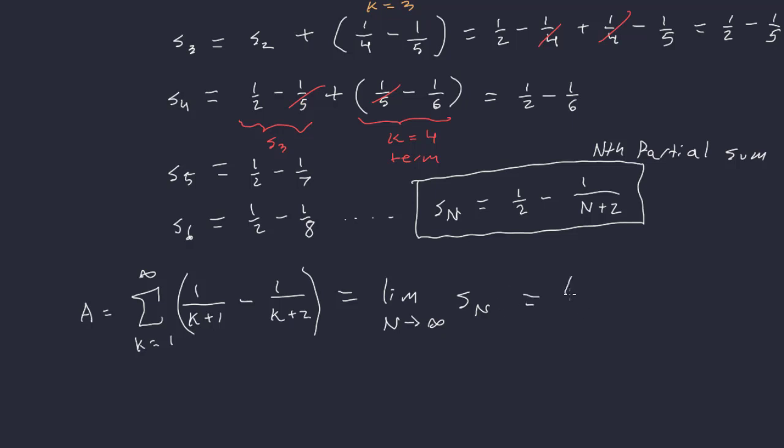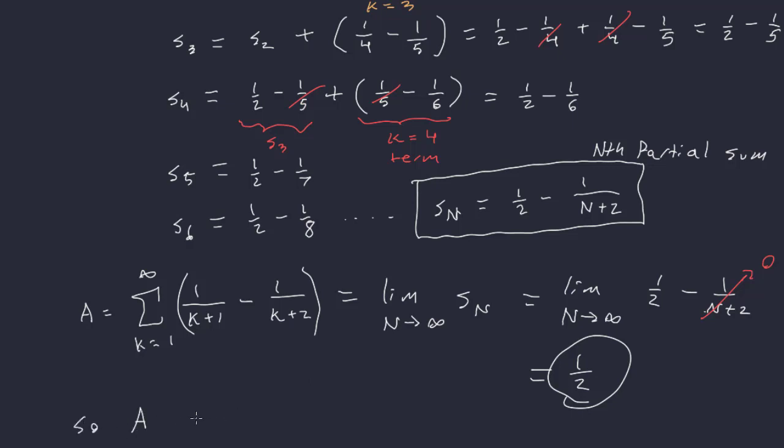And the sequence we just found can be simplified down to 1/2 minus 1 over n plus 2. And as n goes to infinity, this piece goes to 0, and therefore the whole thing goes to 1/2. And there we go. This series A converges. And it doesn't just converge, we know it converges to 1/2.